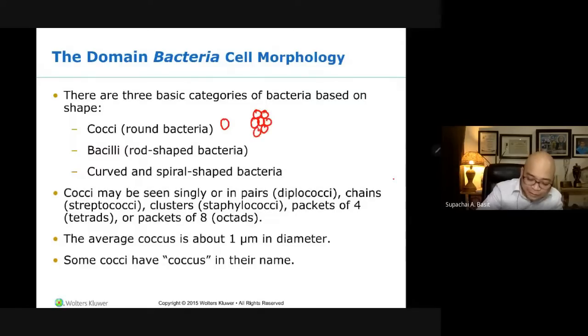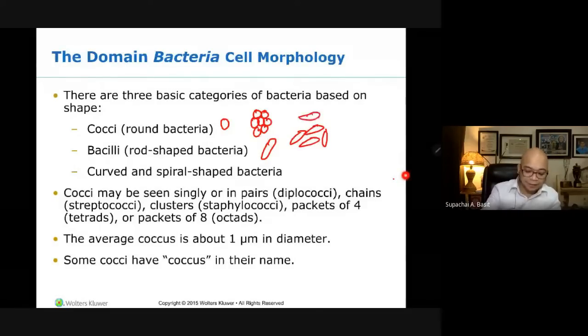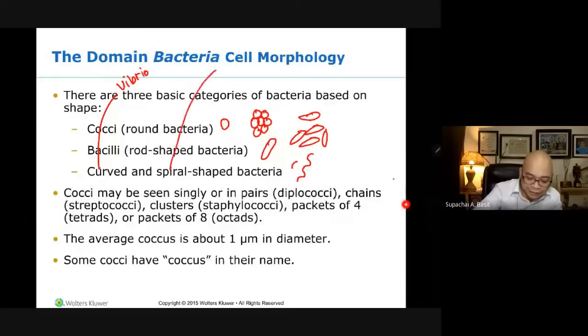Bacillus is the singular form, and when there are several of them, we call them bacilli. And then there are curved or spiral-shaped bacteria. The curved one is usually called vibrio. The spiral-shaped bacteria are called spirillum.